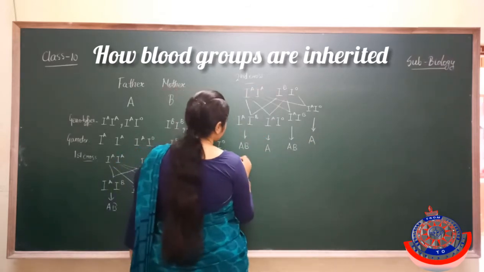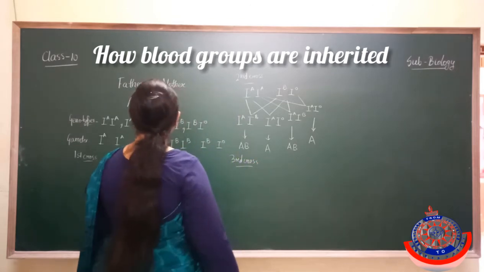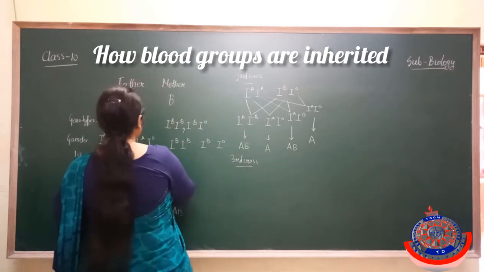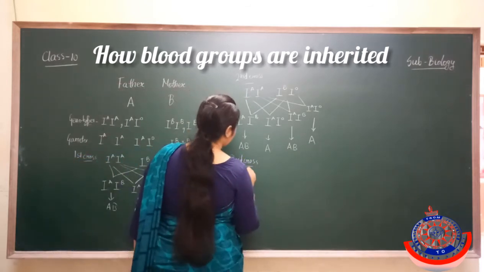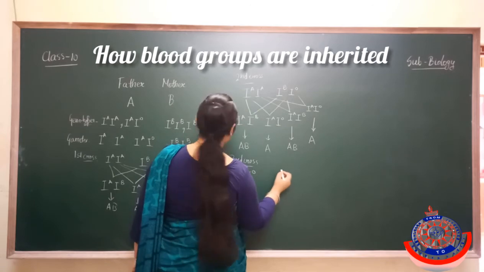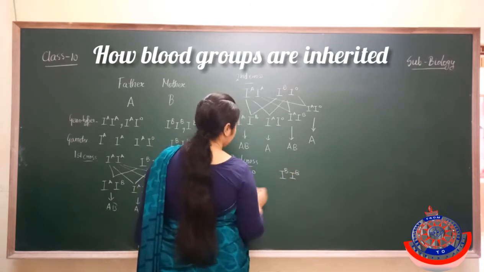Now the third cross. It will be between IA IO and IB IB.